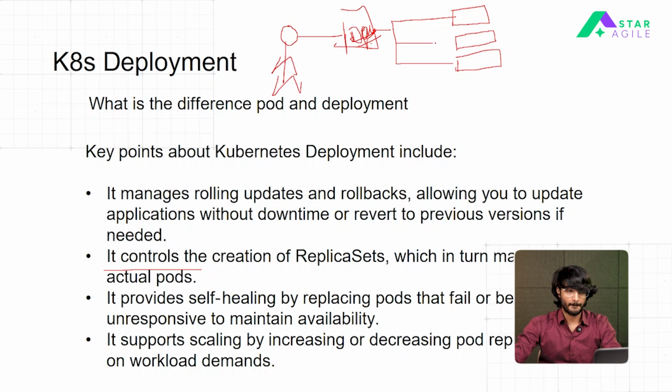And if any one of the pods has been deleted, deployment will understand the pod has been deleted for some reason, and immediately the initiation will happen to create a new pod.